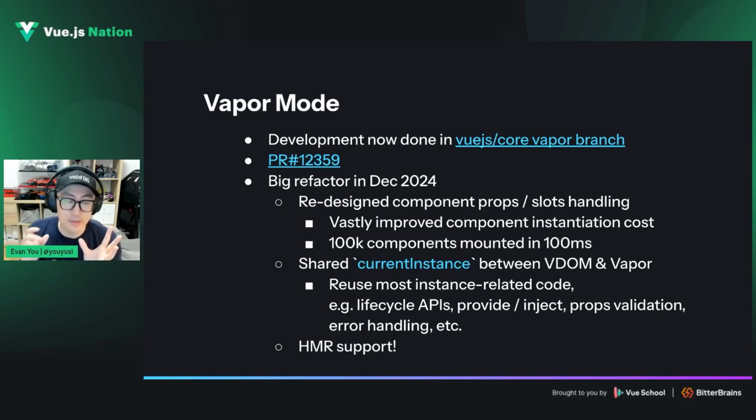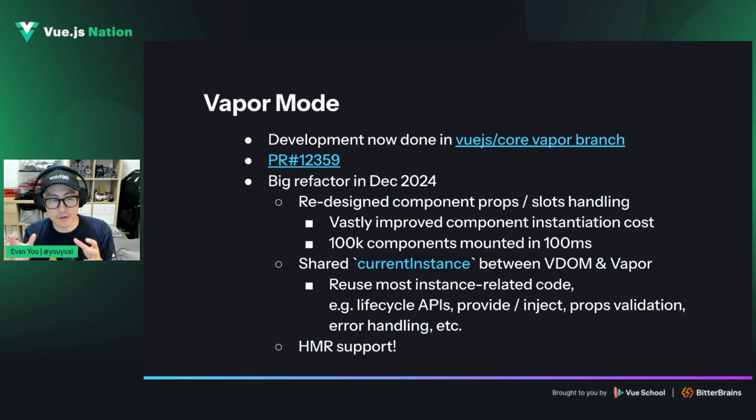We want to allow per component update, which means the most common use case will probably be to have a virtual DOM based application running mostly virtual DOM components, but you can have Vapor components take over a subtree of it in cases where it's extremely performance sensitive. Or you can have a whole Vapor component application that is Vapor only.